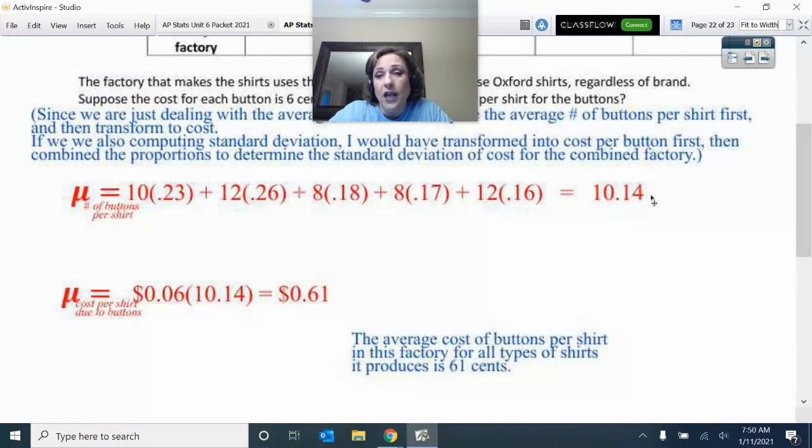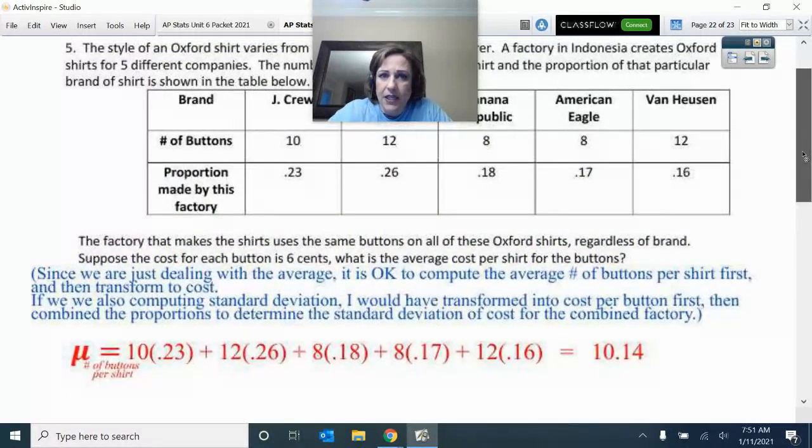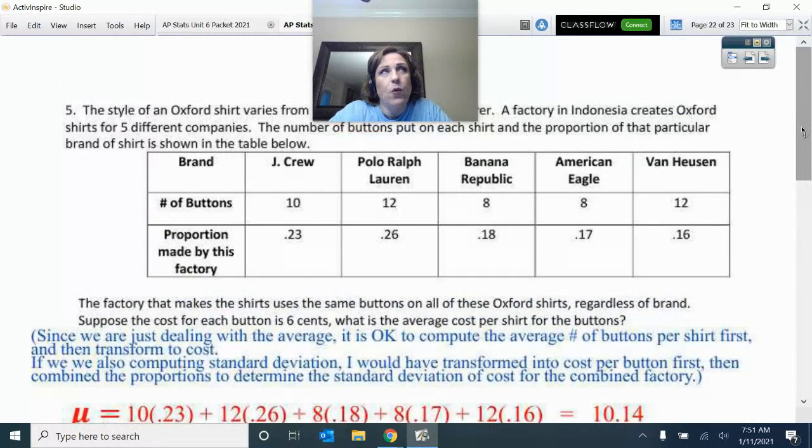Once I know on average the number of buttons per shirt that this factory makes, I did this multiplication. Actually, if I was to keep the rule the same where I transform first and then combine, then I would have multiplied these numbers here, 10, 12, 8, 8, and 12 times 0.06.